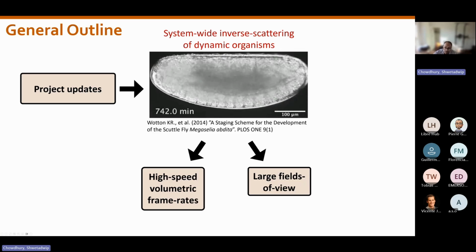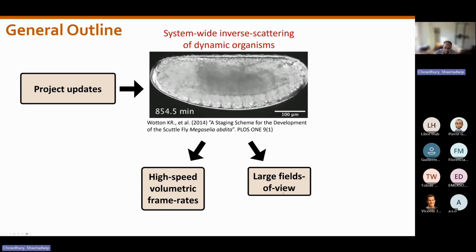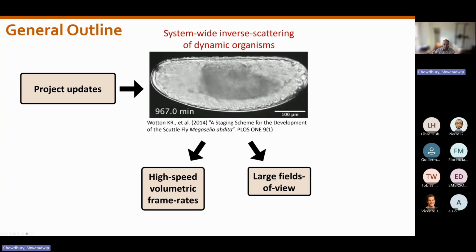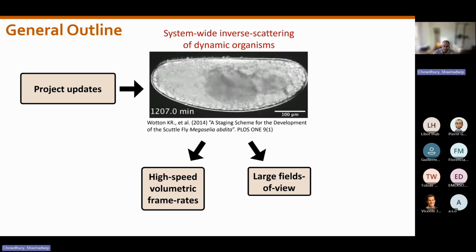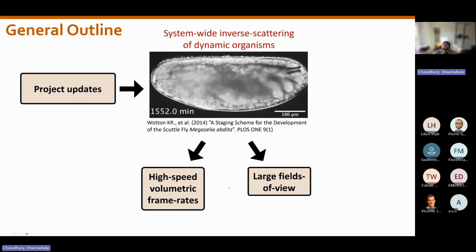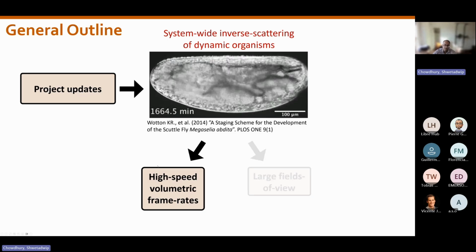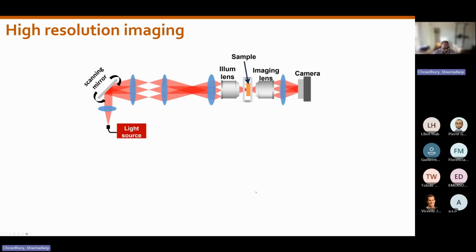And how can we image this over large fields of view? Because we really care about getting these system-wide visualizations at whole organism scales. So how can we achieve that? I'm going to quickly talk about our efforts in these two areas, and hopefully that gives you some ideas of where we're going. I'll first talk about high-speed volumetric frame rate.